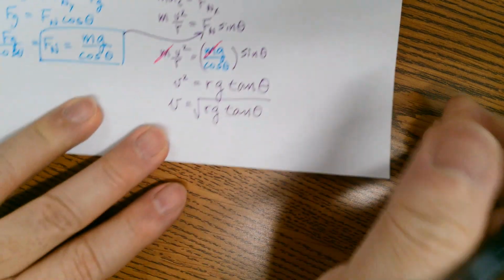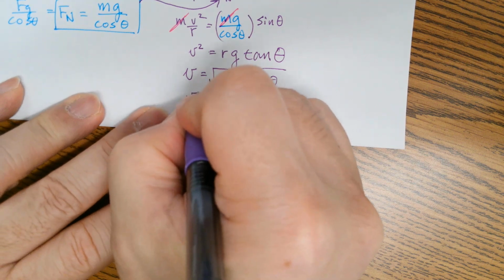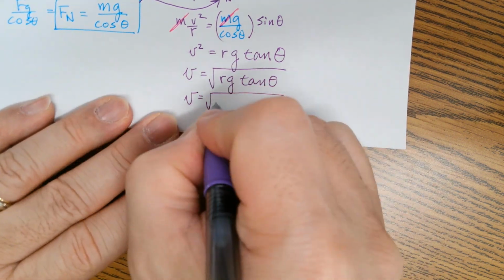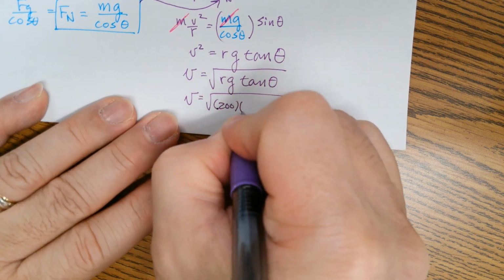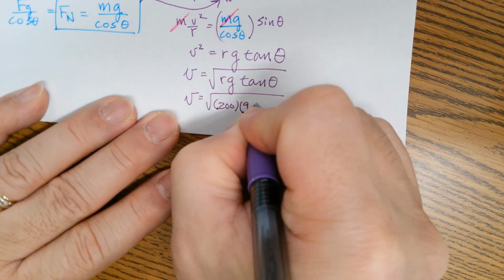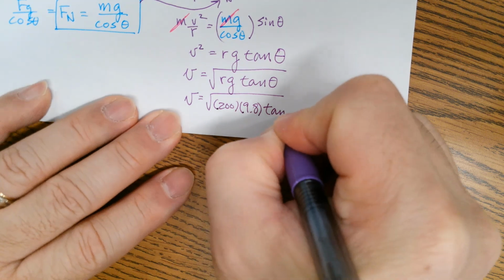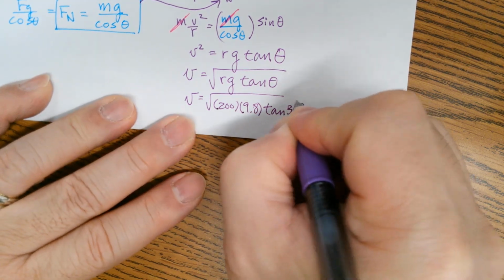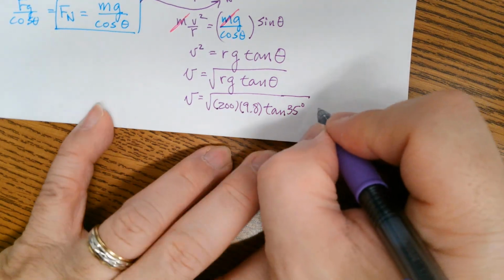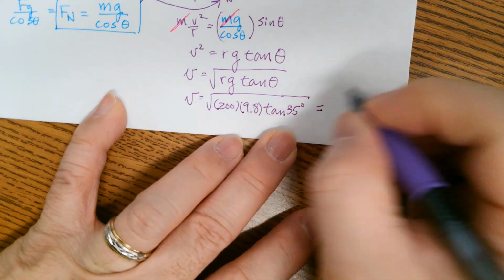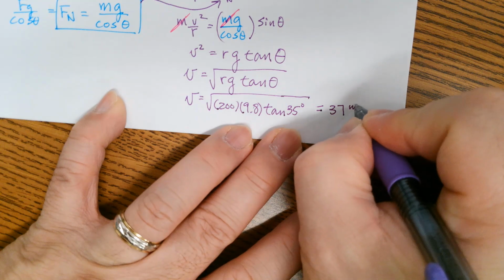So let's plug and chug and see what we get. My v is equal to the square root of r, which is 200, times g, which is 9.8, times tangent of 35 degrees. If you work that out, I think you'll get something like 37 meters per second.